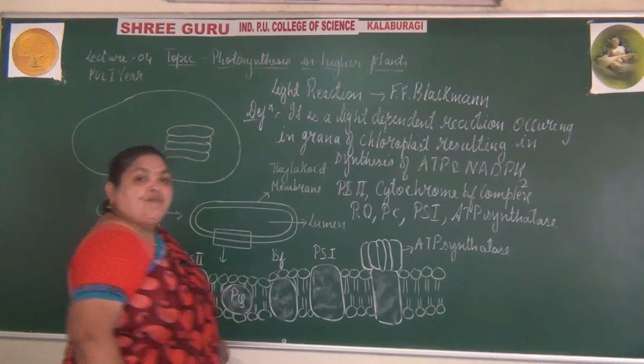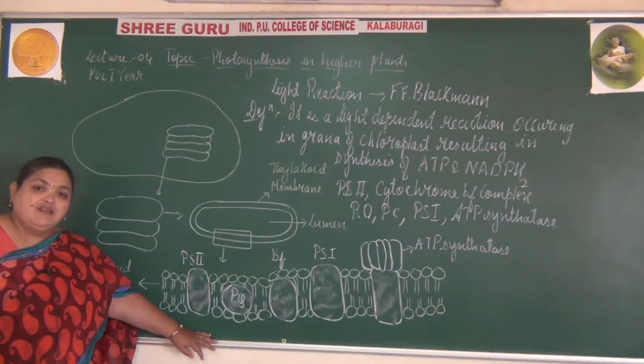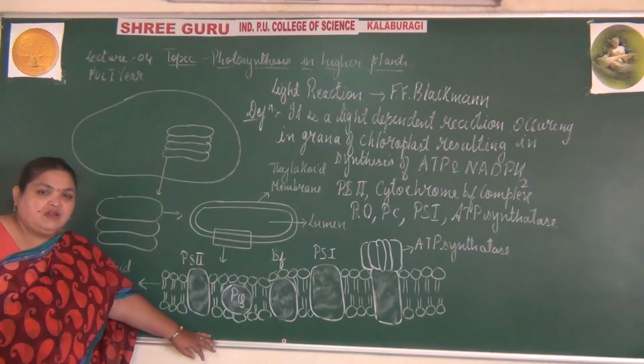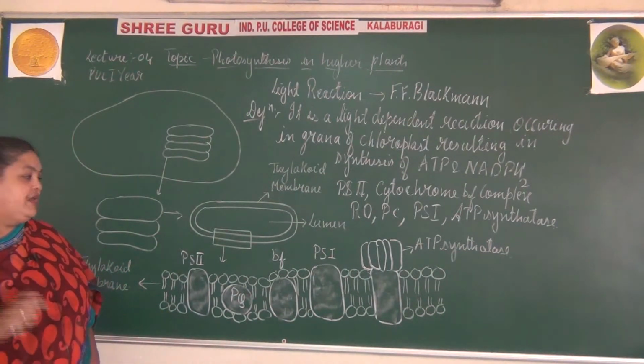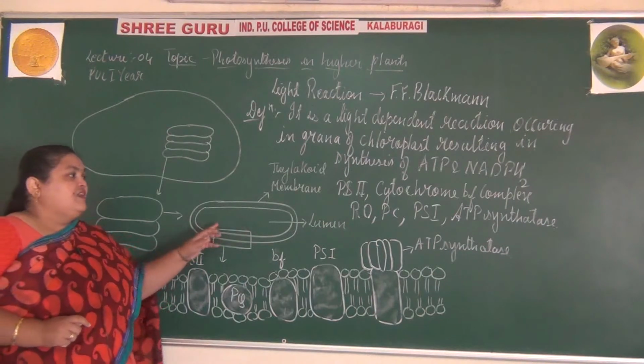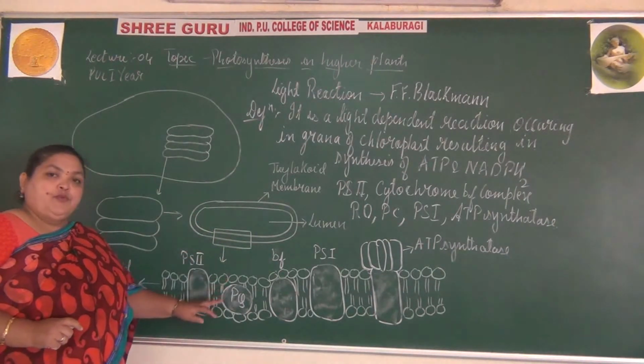In the membrane, if you recollect the fluid mosaic model proposed by Singer and Nicolson, the same model is observed, or the same structure can also be seen in the thylakoid membrane with the lipids and the proteins.